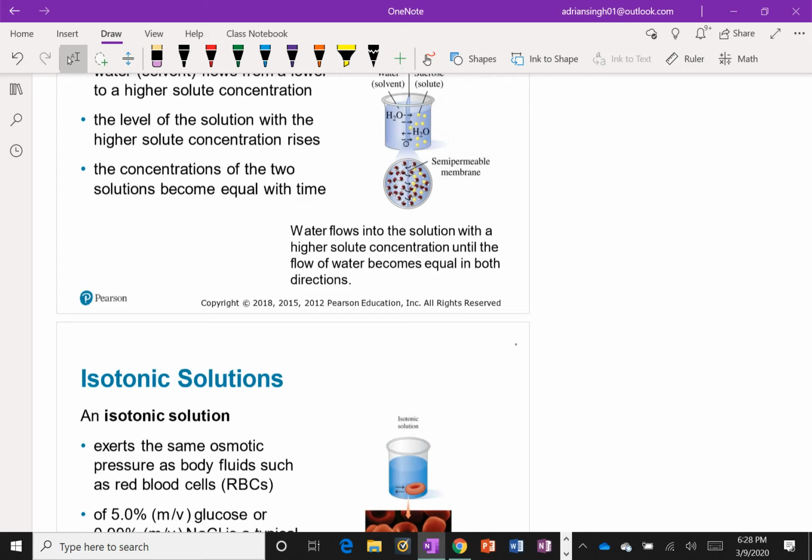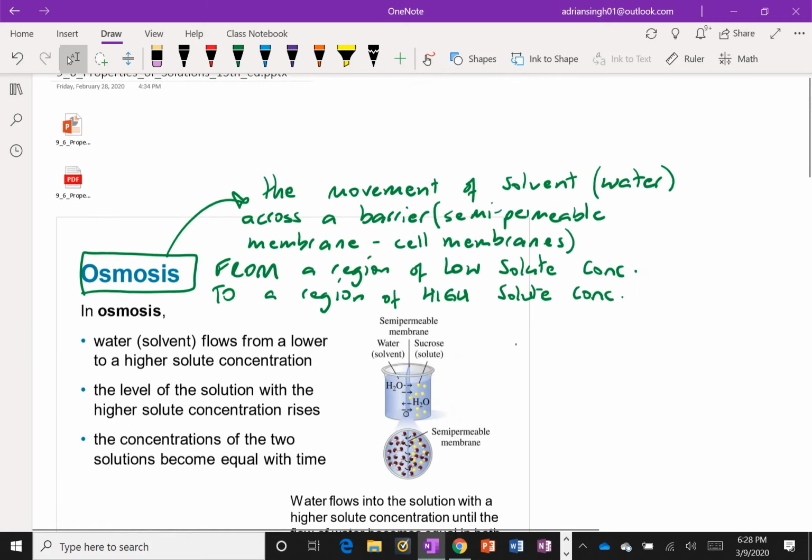It found itself in a pickle. Right? It became a pickle, actually, as water left. So the movement of water went from the cucumber inside to the outside. Right, and that was because of the difference in concentration of the solution.